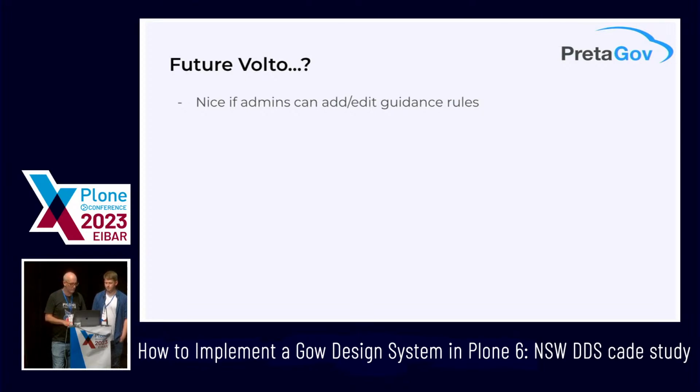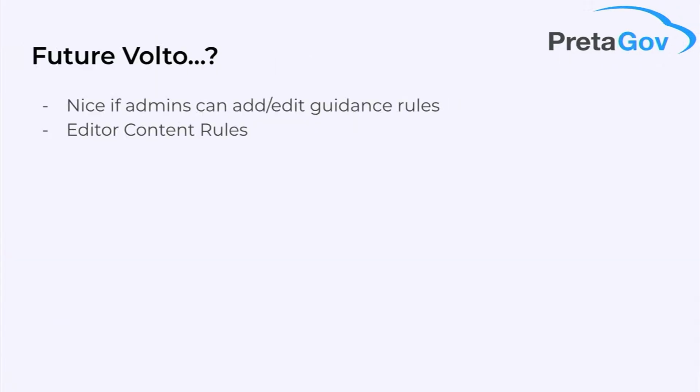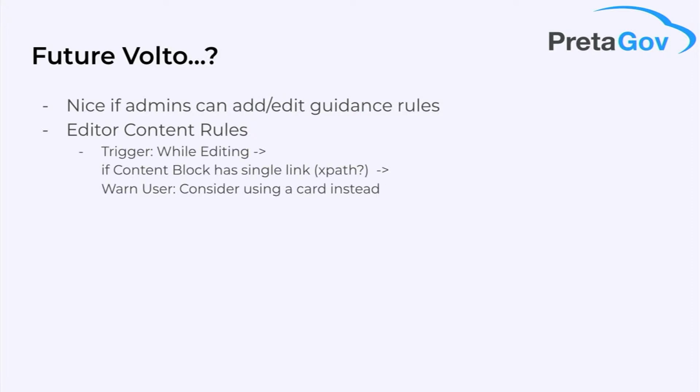And the really nice thing is that you can implement these from the design system, but an organization may evolve and have its own rules that it wants to add, or want to hide rules and say this is no longer relevant, this is just annoying. So I think that could work.